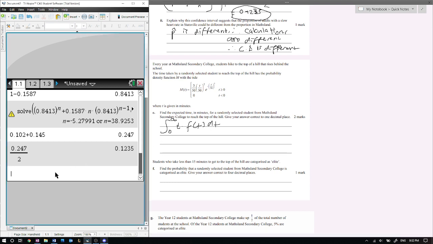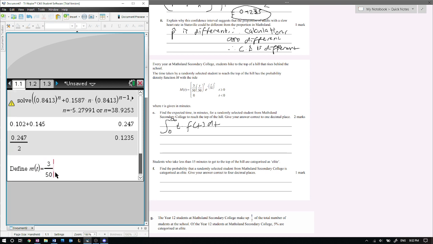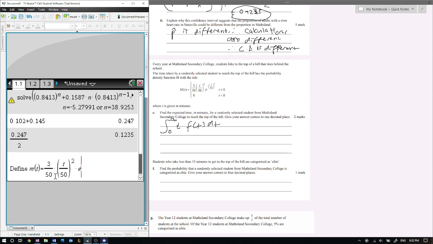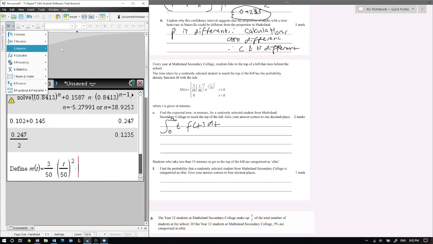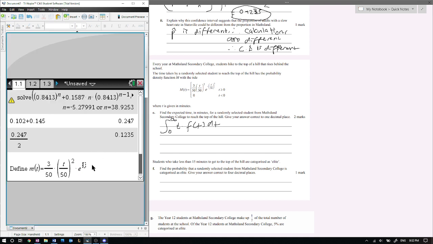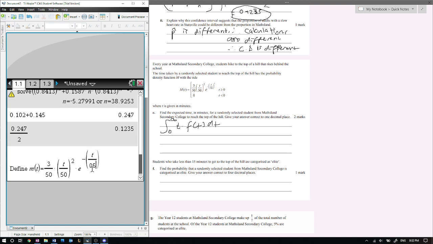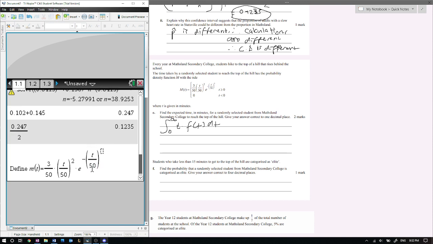And that is just equal to, let me just define, m(t) is equal to 350 times t over 50 to the power of 2 times e to the negative t on 50 cubed.